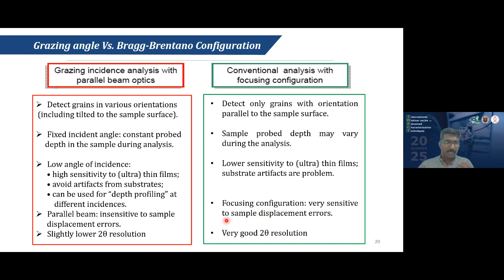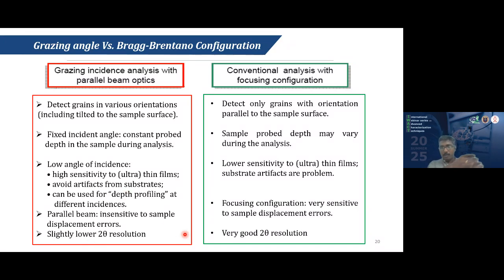One of the disadvantages of grazing incidence XRD is that it has slightly lower 2 theta resolution than normal XRD, since normal XRD uses a focusing configuration. That is, as we have discussed, the detector as well as the X-ray source converge on a focal circle, which gives good 2 theta resolution.